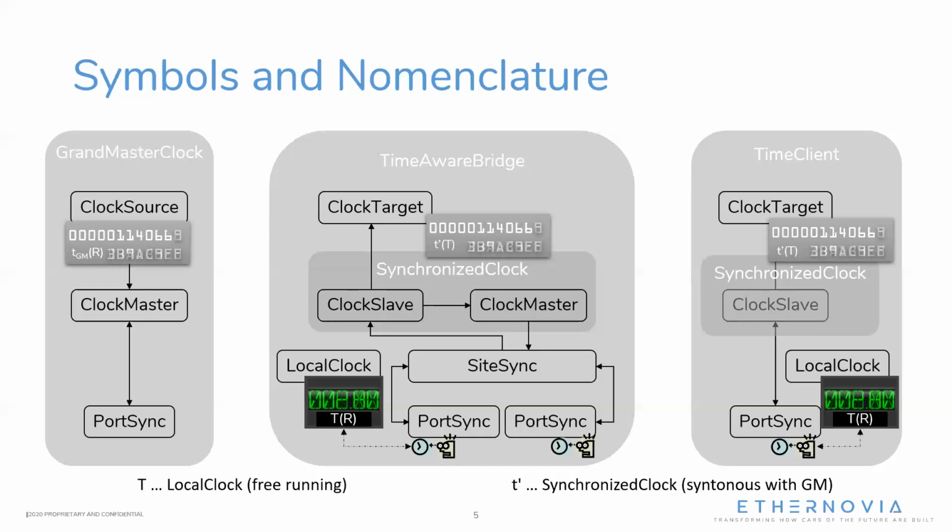The other clock that is important is obviously the local clock, the free running clock that you see on the bottom. I have only shown those for the time-aware bridge and for the time client, as I am assuming that the master has no requirement to have such a local clock.